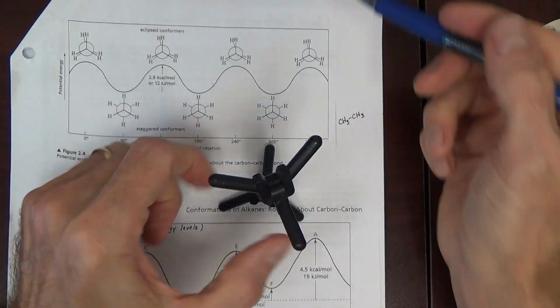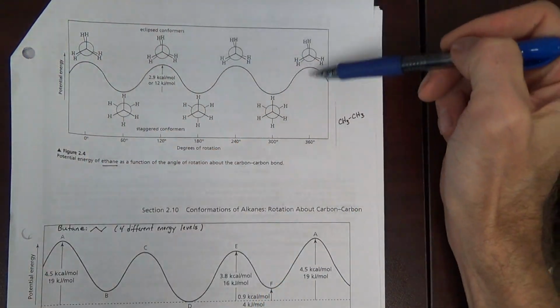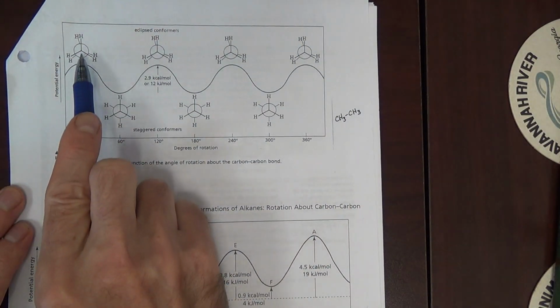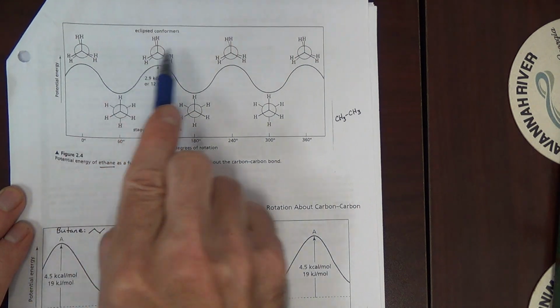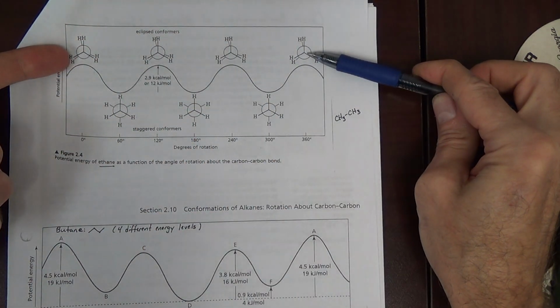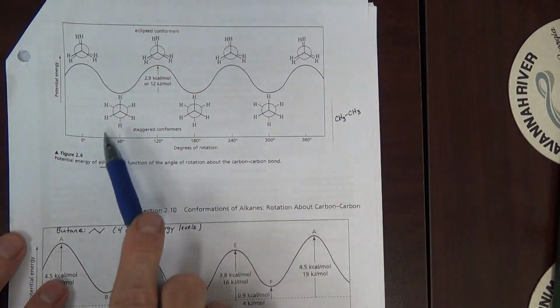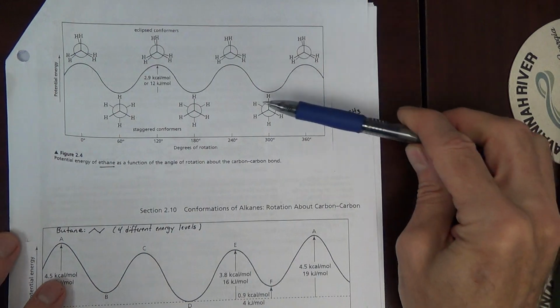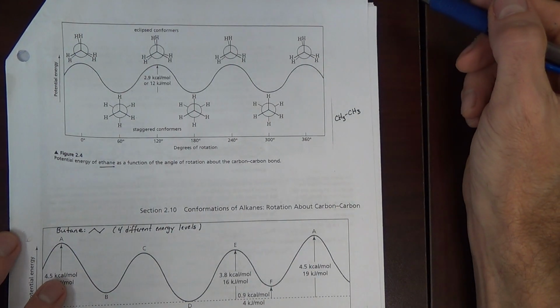The key thing to note here is there's really only two different energy levels. Because ultimately these three are identical, and of course these two on the end are identical, and then the three staggered are all identical. Two different energy levels.